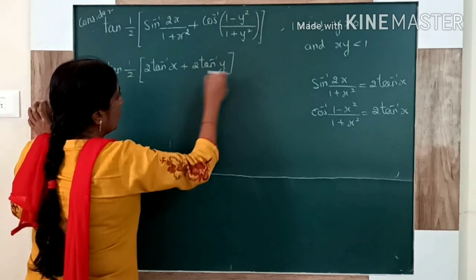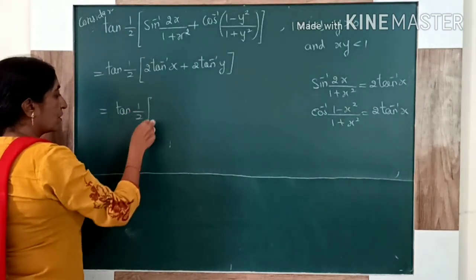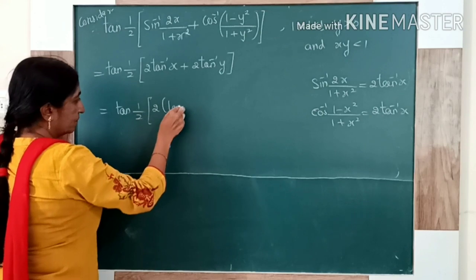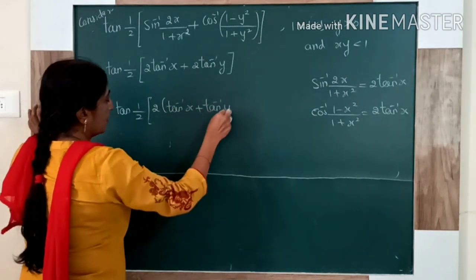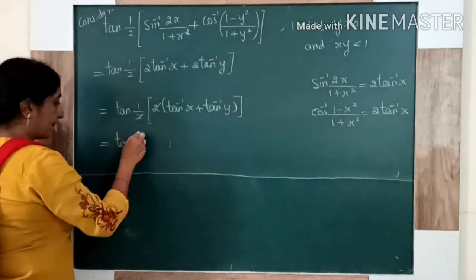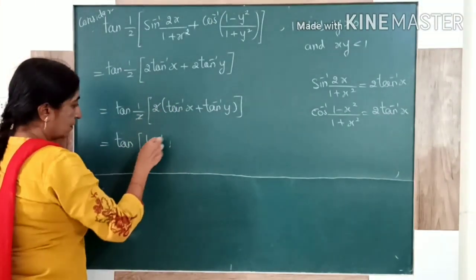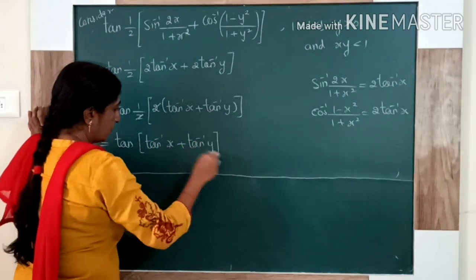It is tan of 1 by 2. Take 2 common: tan inverse x plus tan inverse y. These cancel out. Tan of (tan inverse x plus tan inverse y).